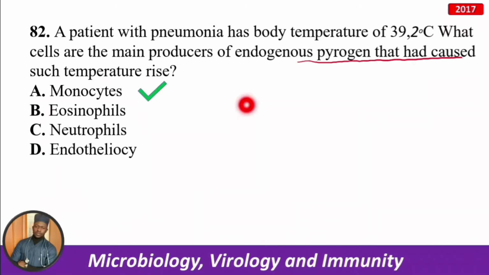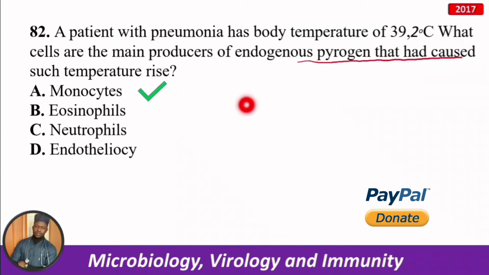Interleukin 1 will go to the hypothalamus and cause temperature resetting, that's causing fever. It will increase the body temperature to make it not comfortable for the microorganism causing infection. So it's like a protective mechanism.